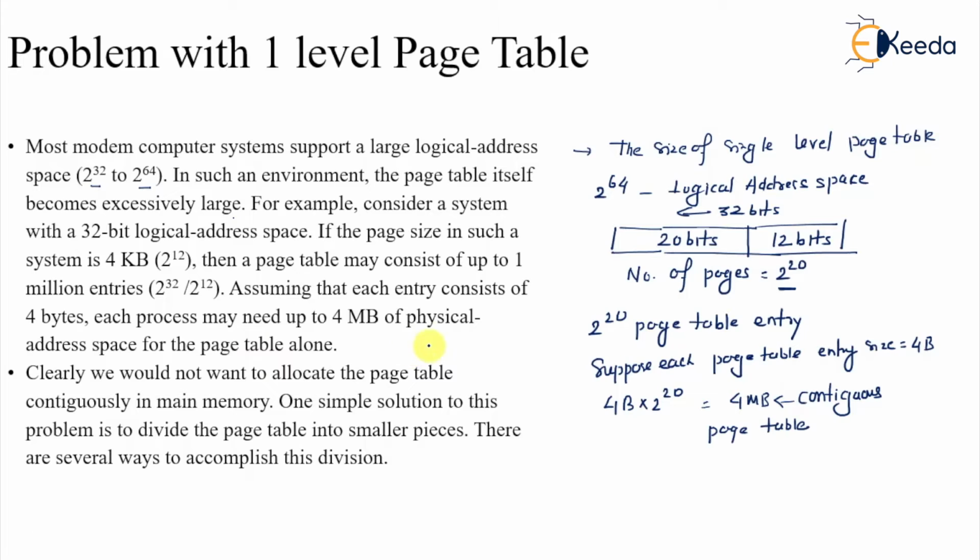So that is the thing written over here, and clearly we would not want to allocate the page table contiguously in the main memory. We have already seen some disadvantages of contiguous memory allocation, and that problem was creating holes.